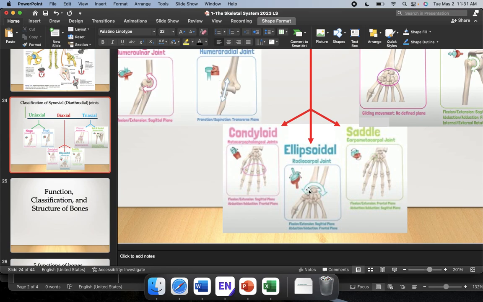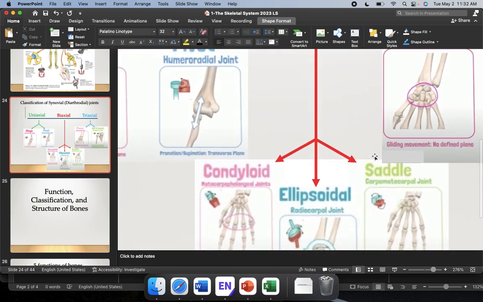Ellipsoidal joints are like where our radius meets our carpal bones, or our radiocarpal joints, which again are going to move in the sagittal and the frontal plane with flexion and extension and abduction and adduction, or radial and ulnar deviation. The last type of biaxial synovial joint is a saddle joint. A nice example of a saddle joint is the carpometacarpal joint of our thumb, which I think is circled right here.